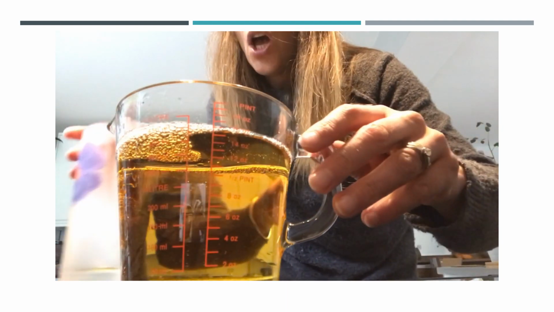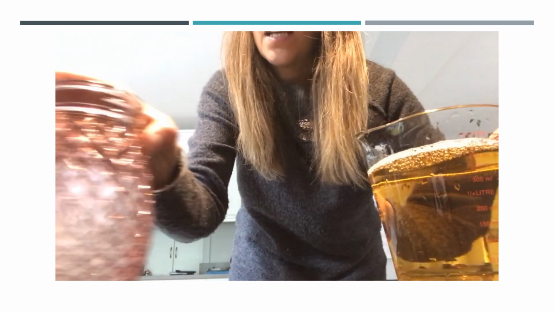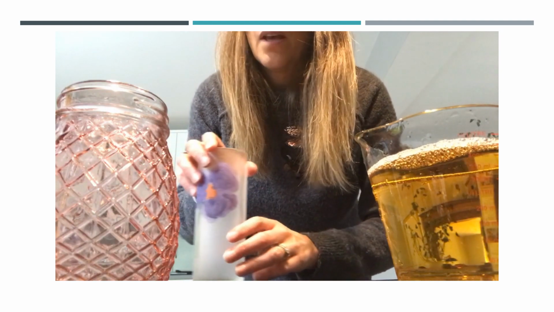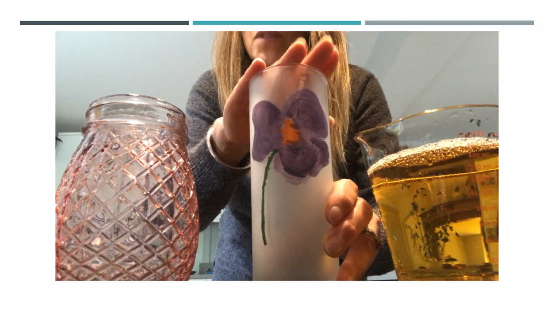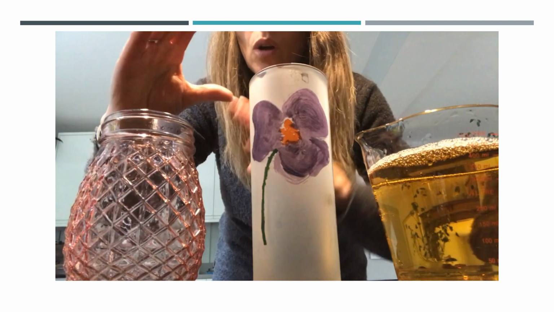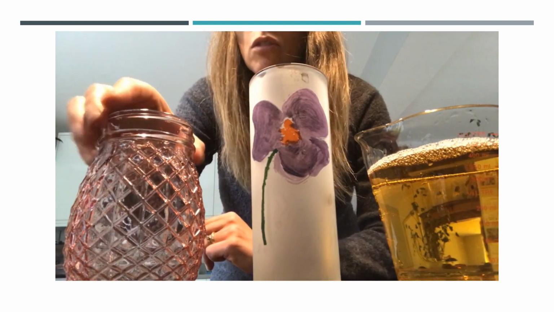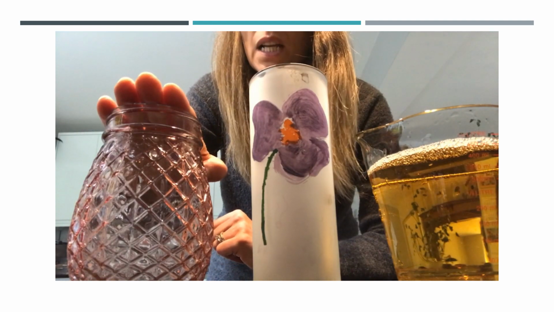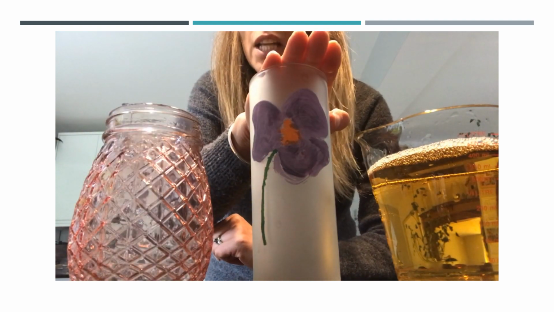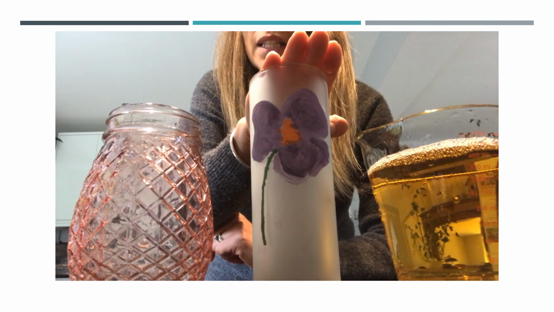So it doesn't hold as much as this one. So this one holds more than this one. So if we were looking at our crocodile more than, less than, the crocodile would eat this one because it contains 500 millilitres and this one contains 450 millilitres.